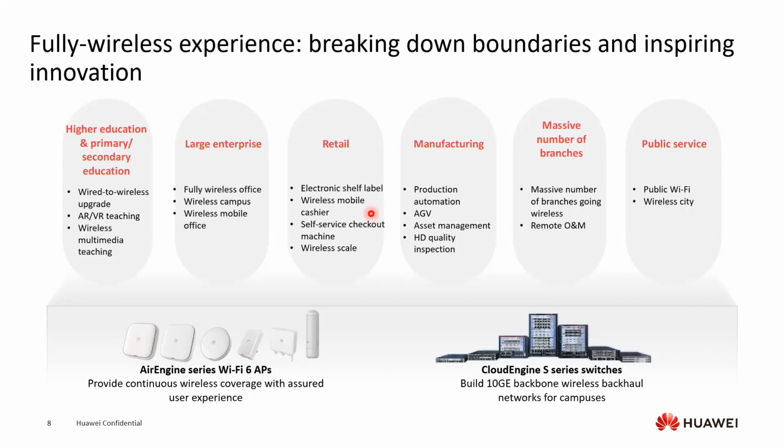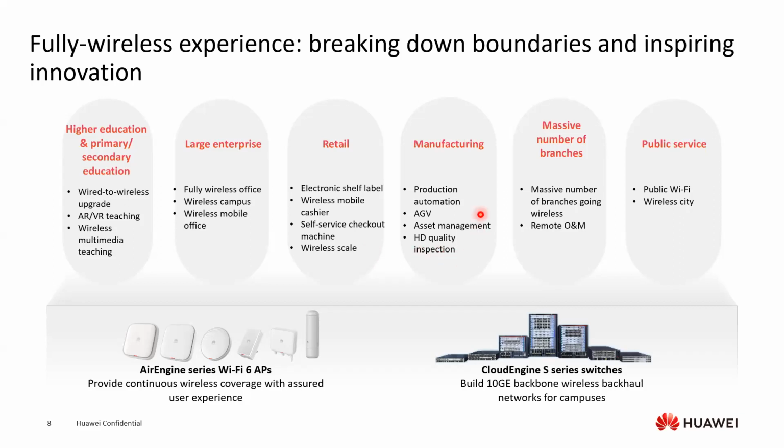Even on the self-service checkouts, there are wireless scales that help the consumers to complete their purchase. So it's all about getting wireless and getting the best experience in the network.